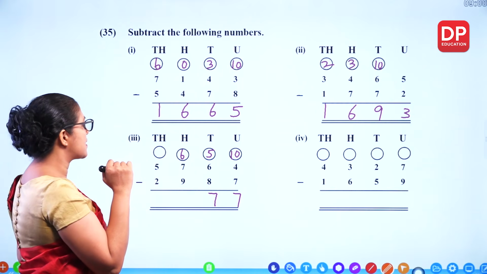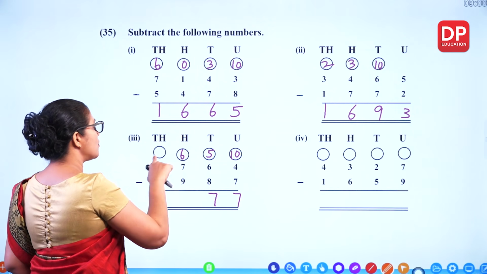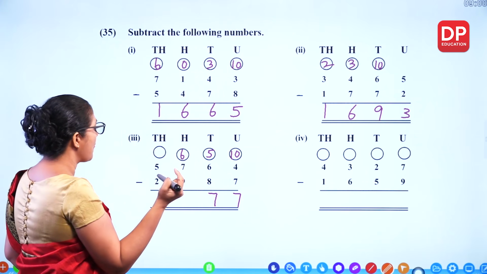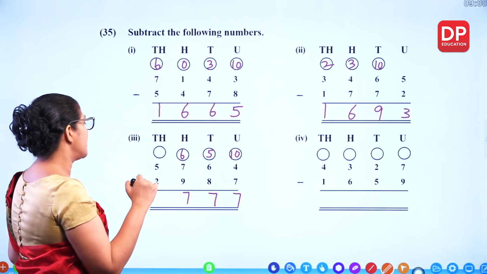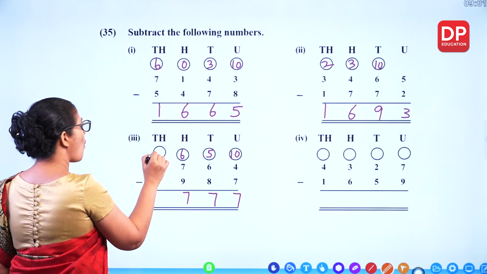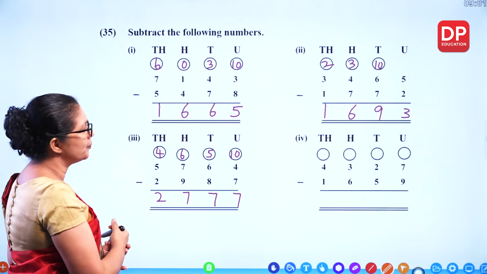This becomes 6. You can't subtract 9. So you take 1 from here. 16 minus 9. You get 7. Then this becomes 4. 4 minus 2, you get 2.